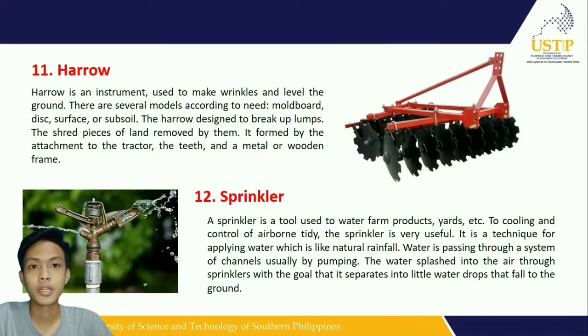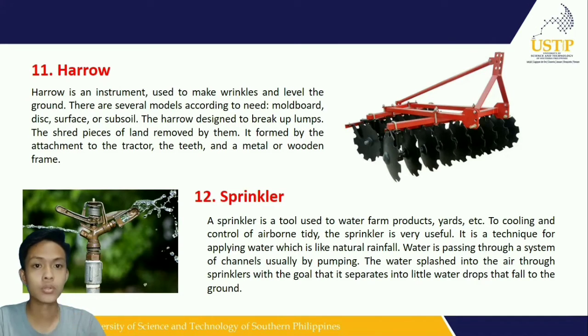Next is sprinkler or water sprinkler. Asa man ni ginagamit ang sprinkler? Ang sprinkler is a tool used to water farm products, yards, and more. For cooling and control of airborne dust, the sprinkler is very useful. It has a technique for applying water which is like natural rainfall.